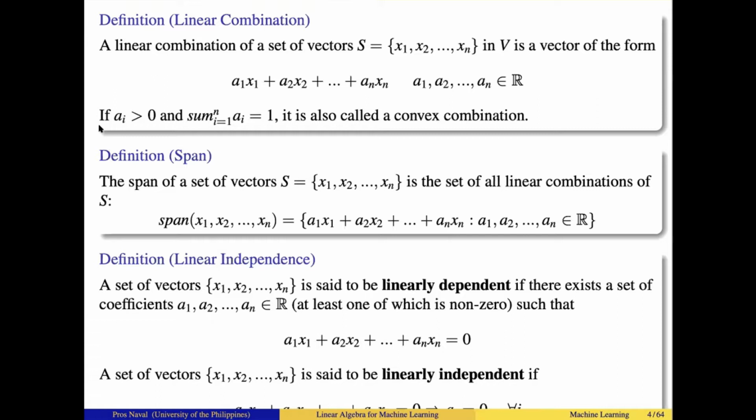If the coefficients ai are positive and their sum is 1, we have a convex combination. Span. What is the span? The span of a set of vectors S equals x1 up to xn is the set of all linear combinations of S. We denote this by span x1 to xn, such that a1 up to an are real numbers.